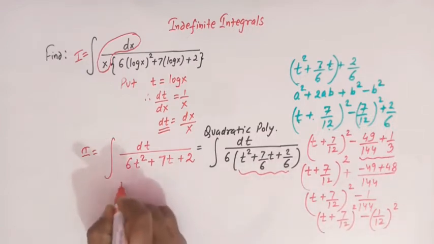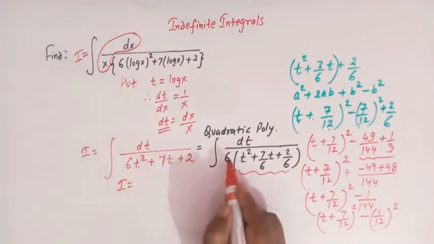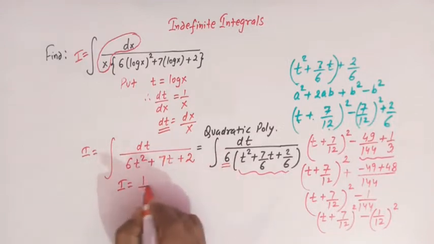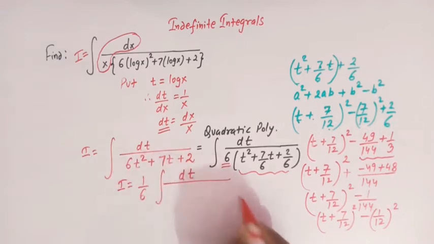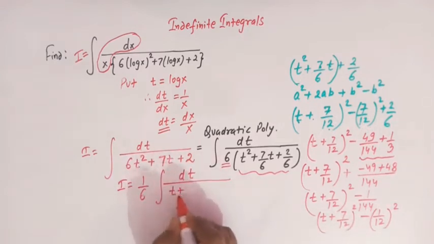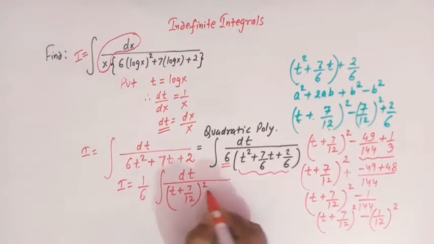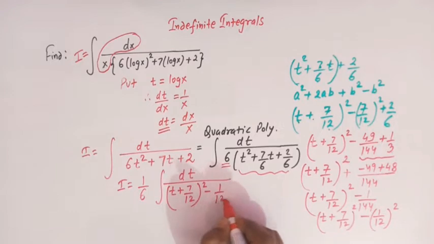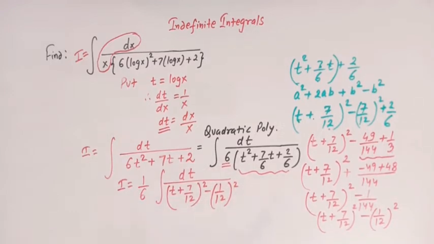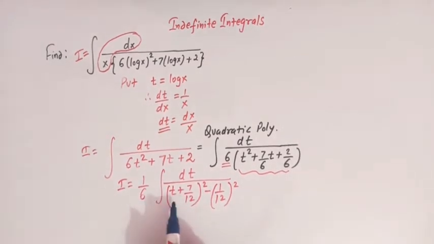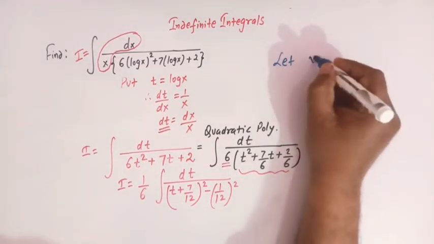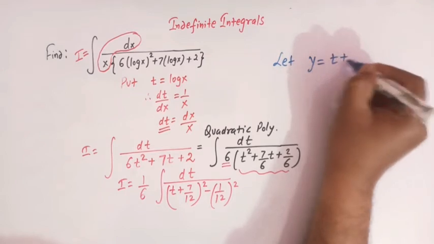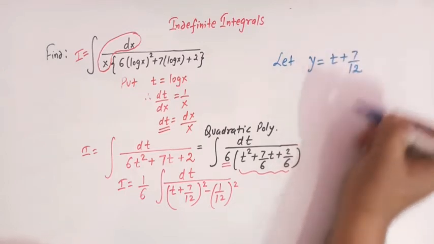Now I can be written with the 6 taken outside the integral, and we have dt over t plus 7 over 12 square minus 1 over 12 square. Now let us substitute y is equal to t plus 7 over 12.